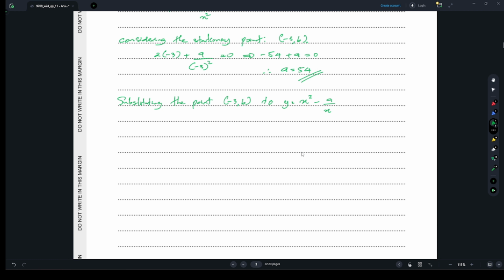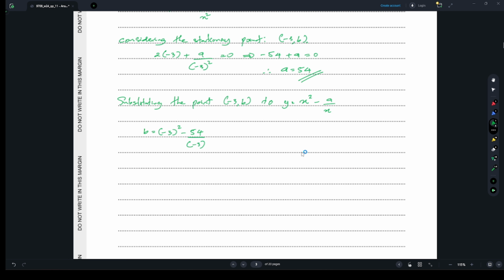Okay, so here the y value is b, so b equals, x value is minus 3, so here (-3) squared, and then minus, the a value is 54 over minus 3.